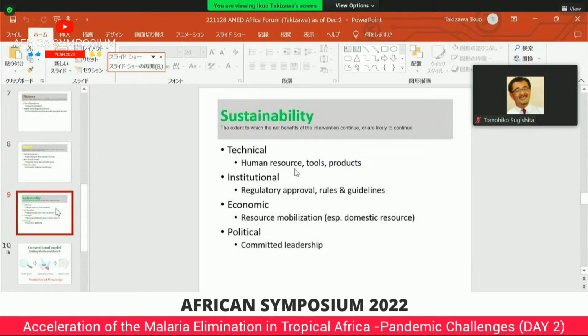One good example I can share with you is another project which was jointly conducted by Nagasaki University and researchers in South Africa. They used a climate model to predict malaria incidence, and they developed a quite accurate prediction model.